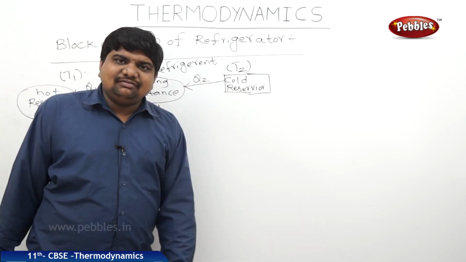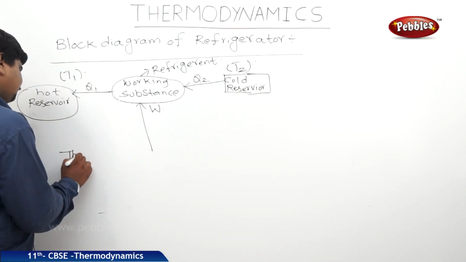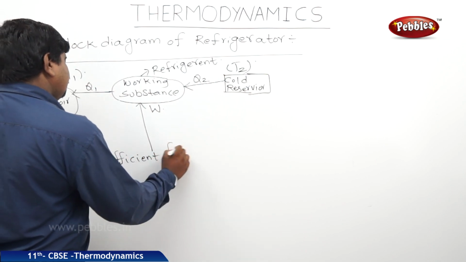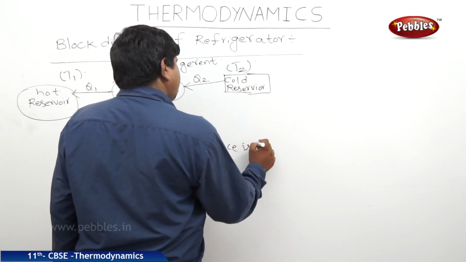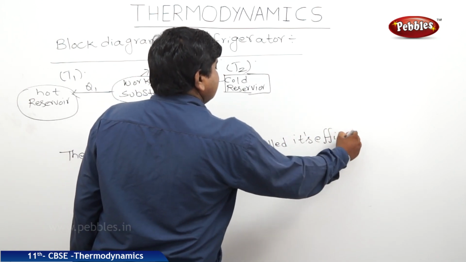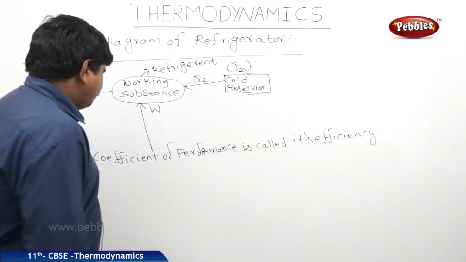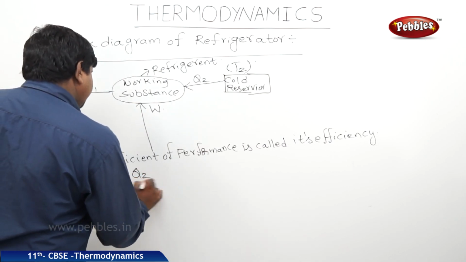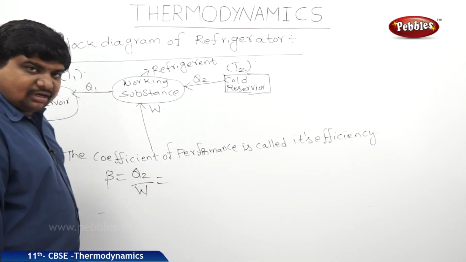So the efficiency of the refrigerator is also called the coefficient of performance. Its symbol is beta, where beta is equal to Q2 by W, the heat energy supplied by the cold reservoir by work done.